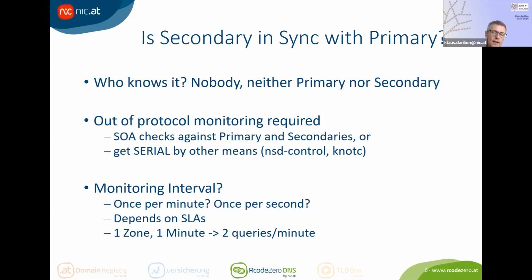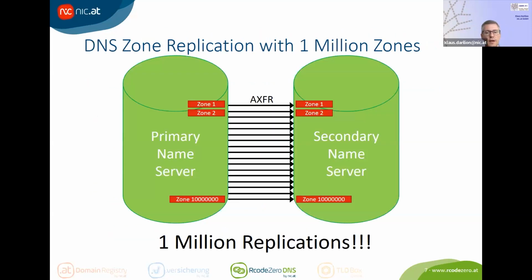But a simple calculation is, if I have one zone and I check every minute, my monitoring must perform 2 queries per minute. That's rather simple. That's what we do, for example, for our TLD DNS products, because there we don't have so many zones. But what if I have a secondary which hosts 1 million secondary zones?